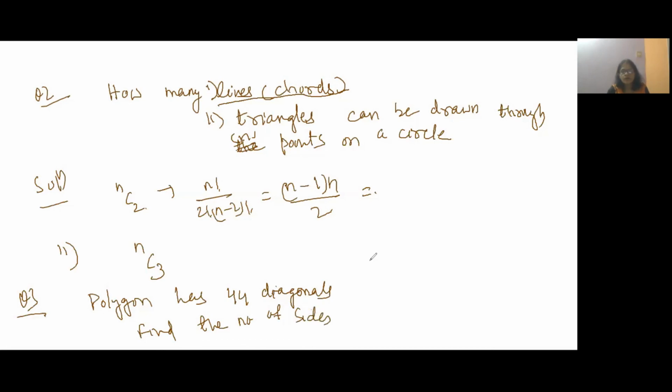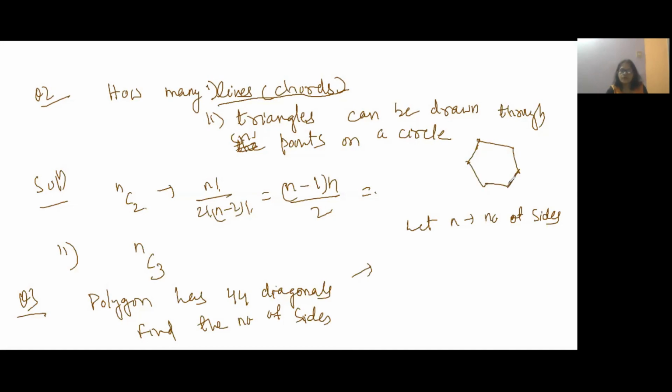Okay, so quickly I'll be doing it here only. Whenever you take any polygon, let n be the number of sides of the polygon. Now whenever you join any 2 points on the polygon, you either get a diagonal or a side. Suppose for example you take a polygon like this.